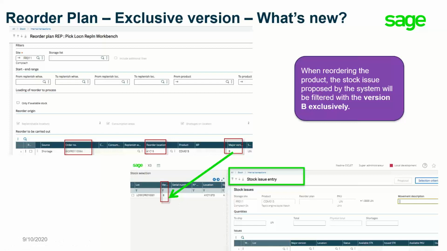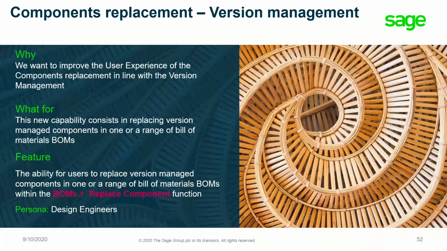If there's no stock, there's no stock. Okay. So the next capability related to version management, again, is the components replacement function. Okay, so why did we develop or deliver this feature?